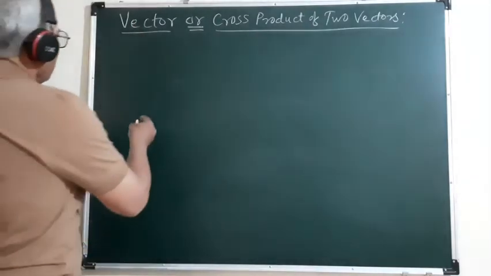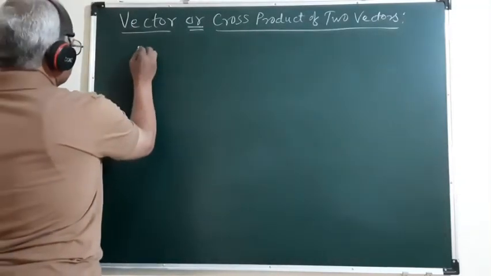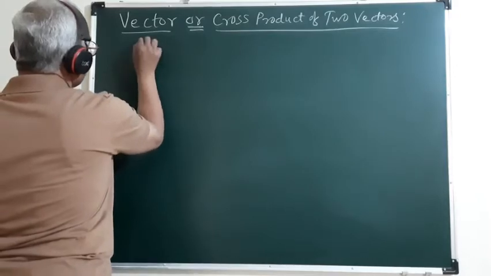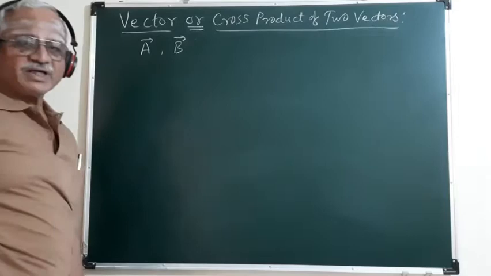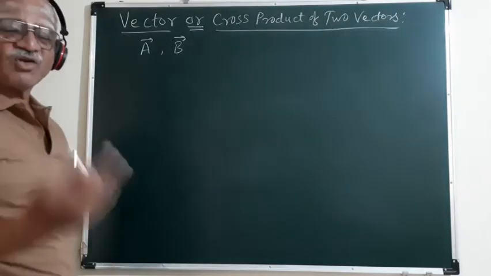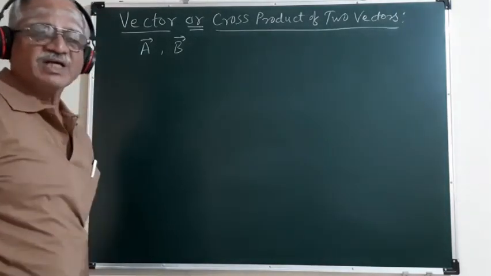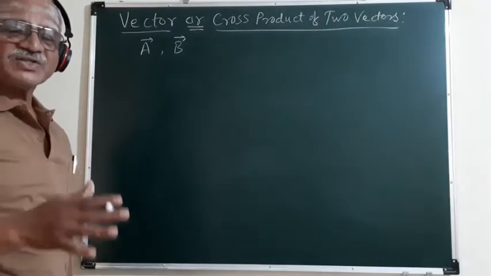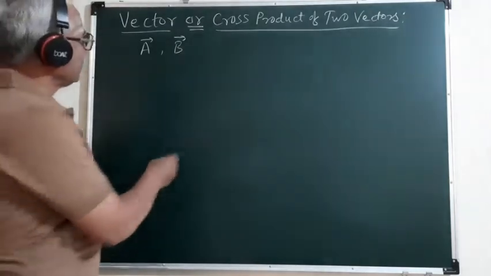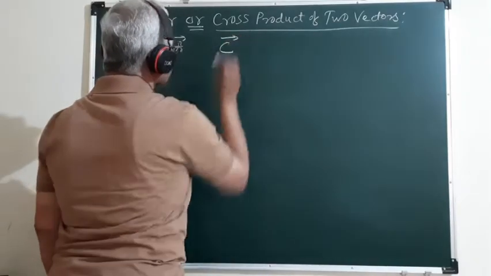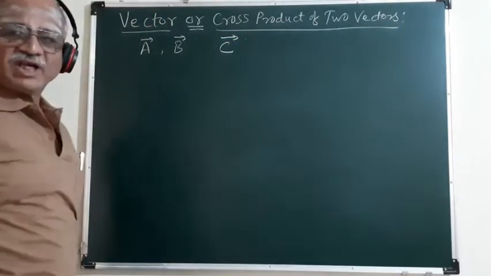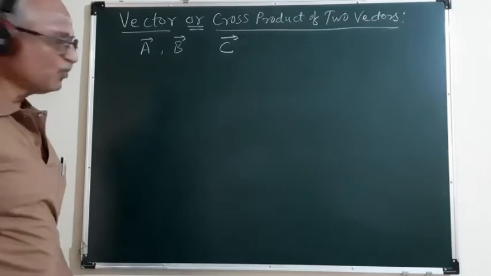And this cross product: if we have the two vectors A bar and B bar, and we take the vector product or cross product of these two vectors, since it results in a vector quantity, let us consider the vector C bar to represent it.